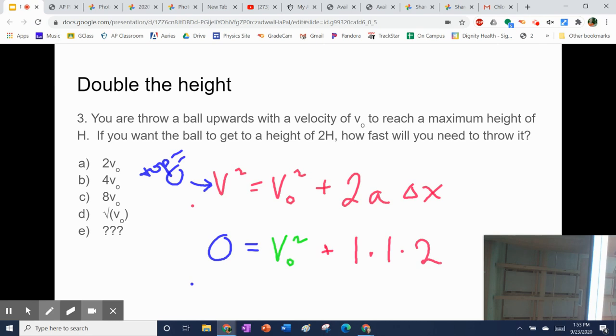All right, so I'm going to solve this then. This will be a subtract 2 from both sides, and that'll be equal to v naught squared. And then I square root both sides.